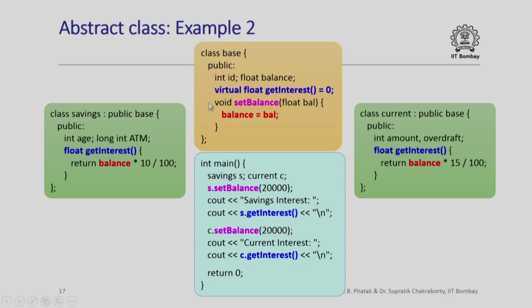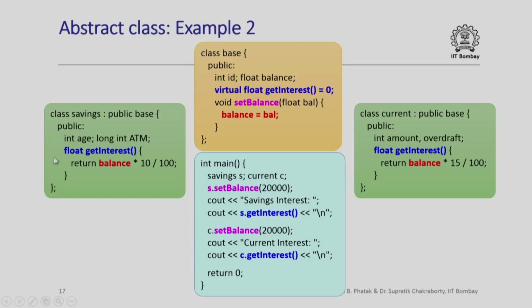Note that this is not a virtual function of the class base, so this is inherited by the class savings and this gets invoked, and balance for the object s gets set to 20,000, and then we print this savings interest, and then we call s dot get interest, and s is now an object of class savings, which is also an object of class base, but here get interest is a virtual function in the class base.